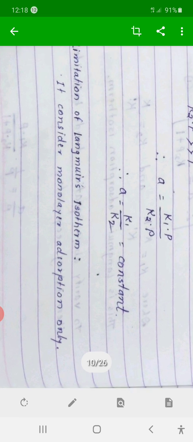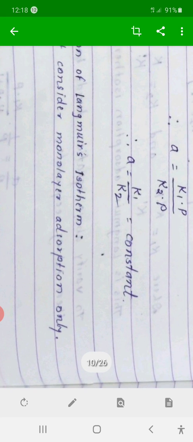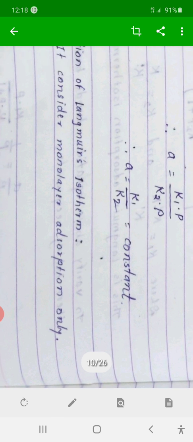That means it becomes constant. A limitation of the Langmuir adsorption isotherm is that it considers monolayer adsorption only.